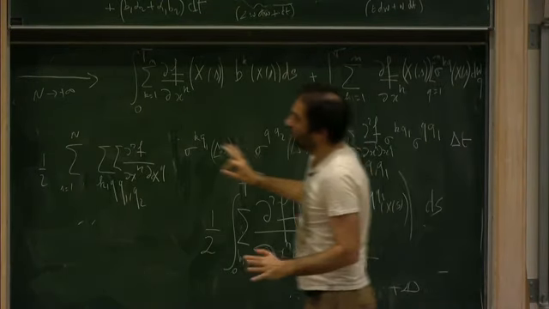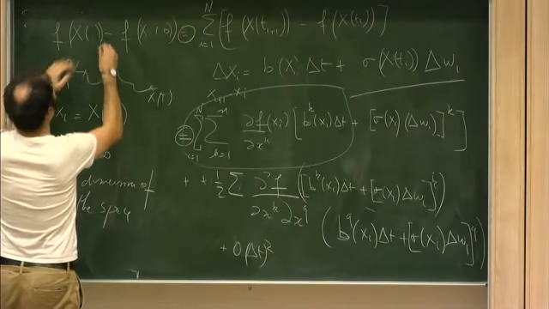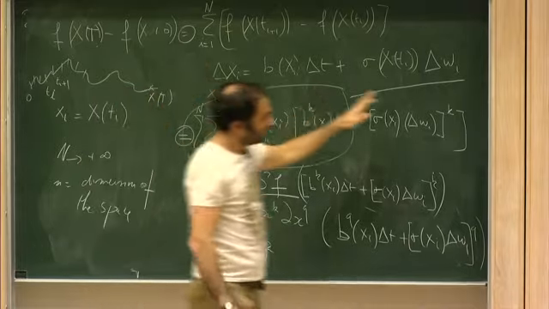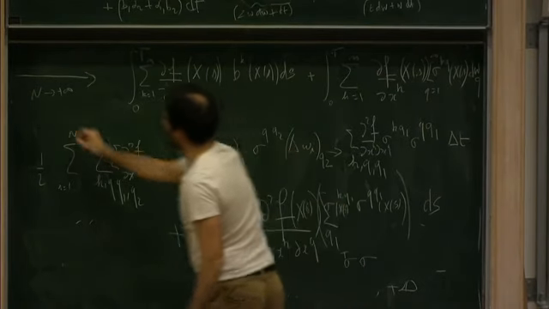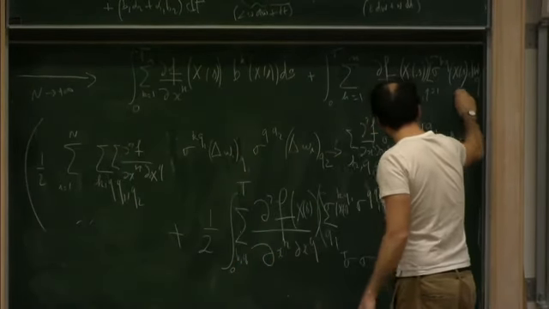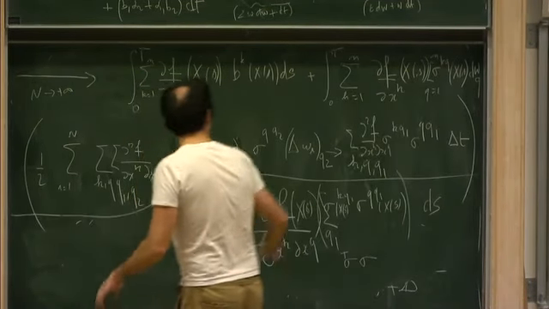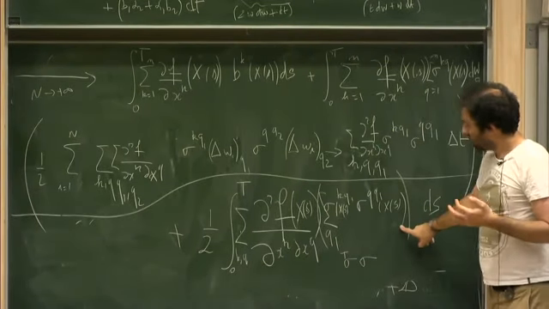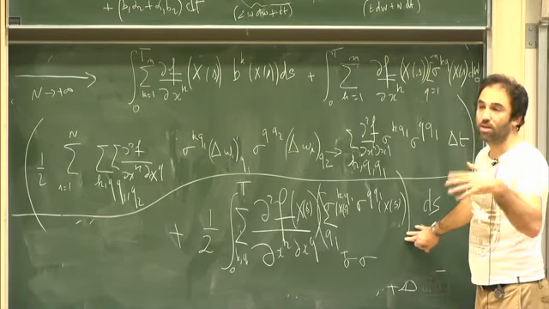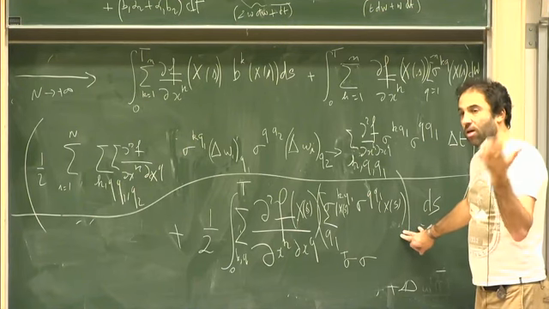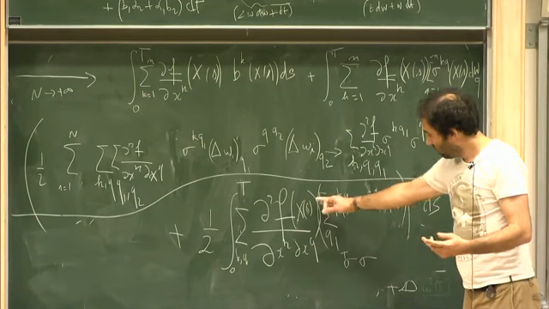Because we have calculated here this quantity f of capital xt minus f of x0 equals this term plus this term plus this one. And this was the intermediate term. Right? 3 terms. And this is what in the PDEs will lead to the Laplacian and what you have seen when you study the diffusion equation, where it comes from. It comes from this formula, from the fact that here you have the second derivative.